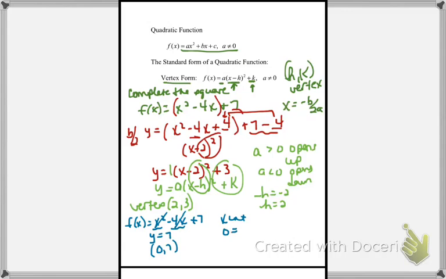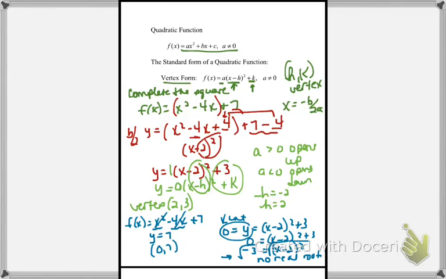Now instead of going back to your original equation, where we would have to do the quadratic formula, we go to the vertex form, substitute y out for 0, and solve. Subtract 3, and when you undo your square by taking a square root, you can see that you have an imaginary number. Therefore, you have no real roots to this equation.